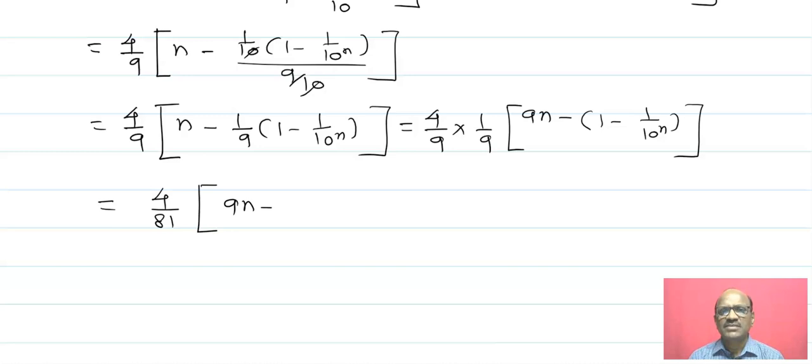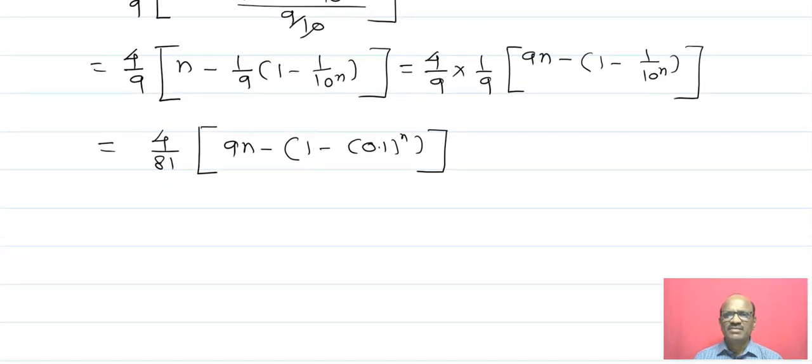it is written in this manner, 1 minus 0.1 bracket raised to n.